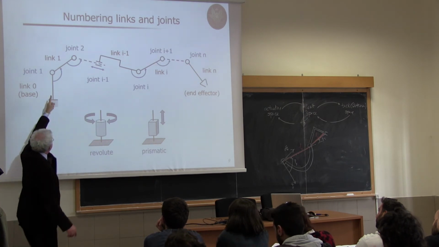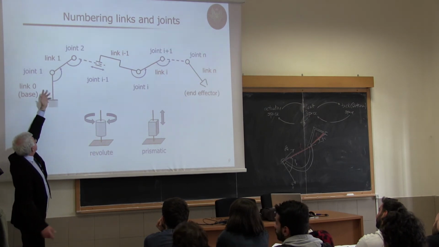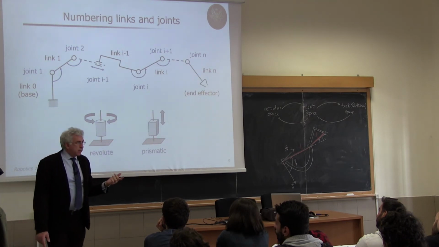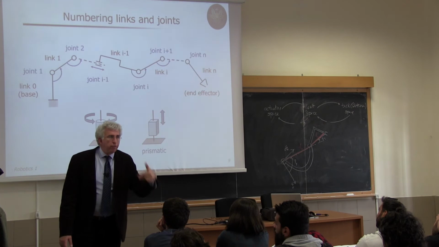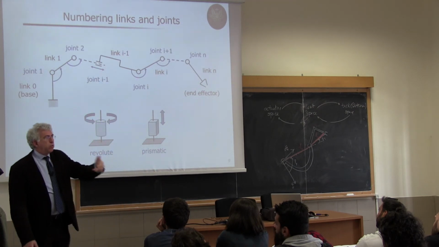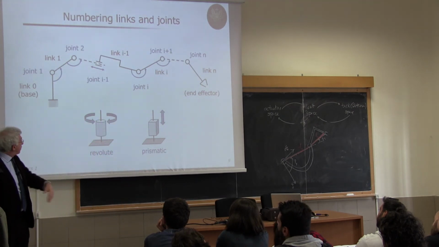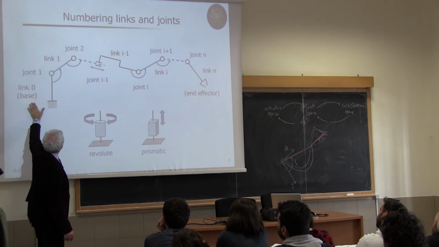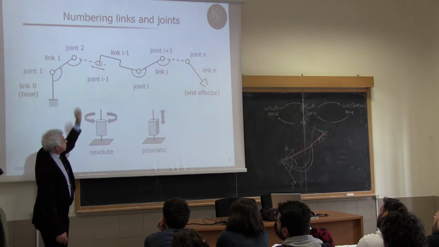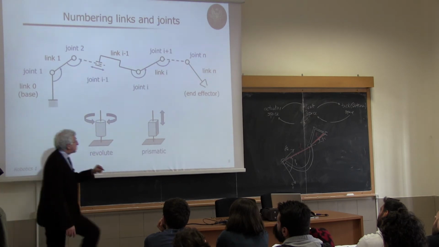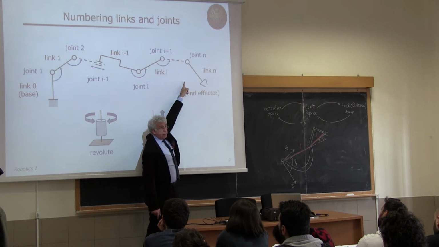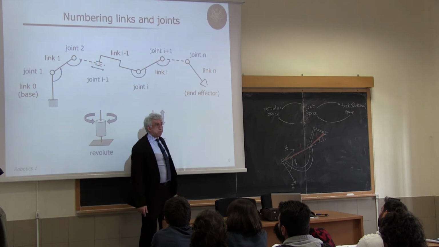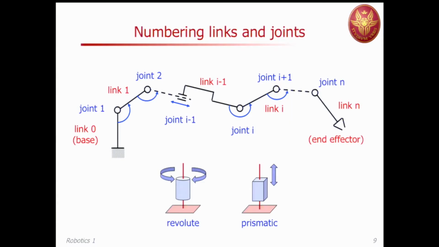Then we have the first joint, revolute or prismatic. Here it is revolute, so joint 1. Following joint 1, we have link 1. Then we will have joint 2. Following joint 2, we will have link 2, and so on. So we have the 0 link or base, and then we have joint and link with the same index, up to the last one, joint n, which will move link n, which carries the gripper or whatever end effector you need.